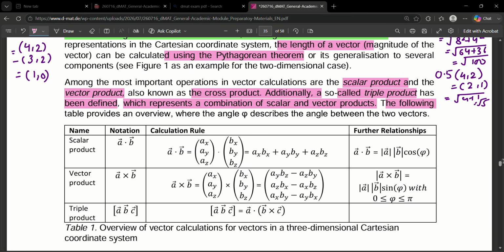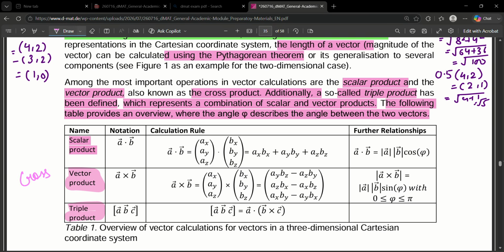The following table provides an overview, where the angle psi, or you can say phi, whatever you name this sign, describes the angle between the two vectors. They can give you the formulas in your exam table as well. So this is scalar product, vector product, also called cross product, and triple product.